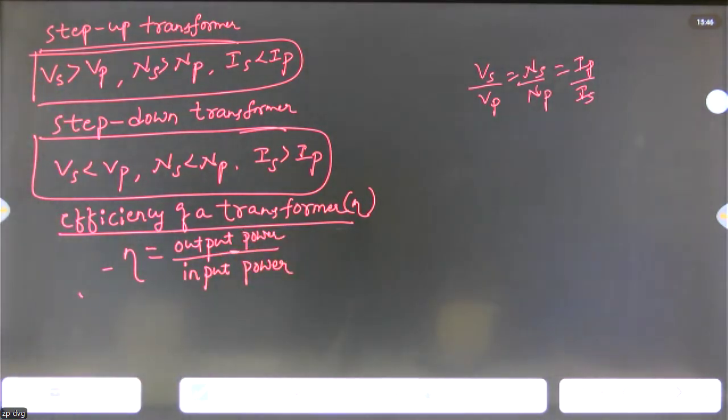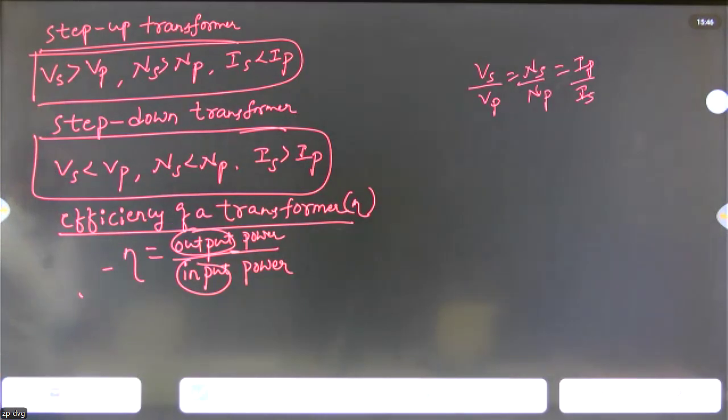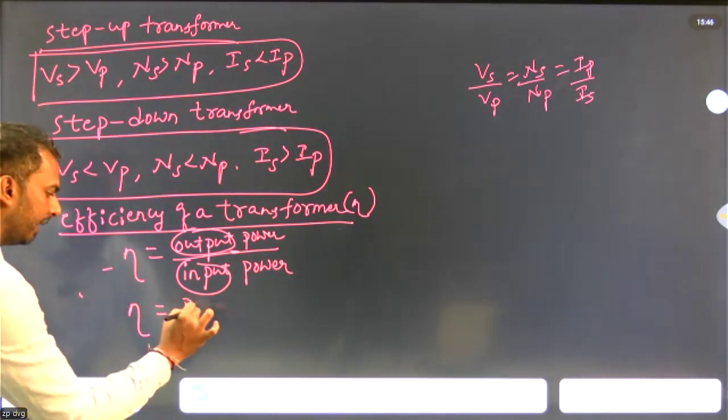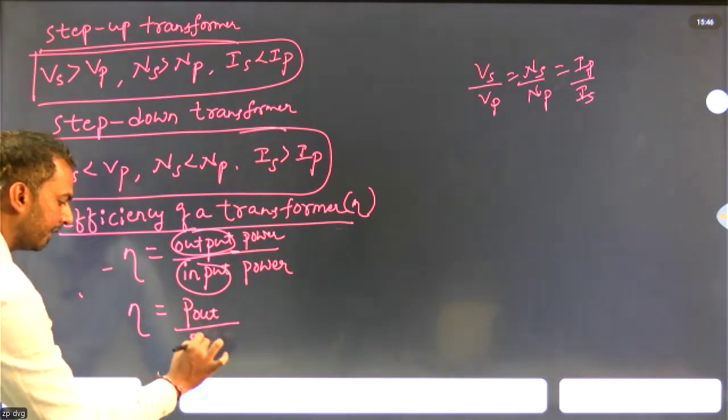Input means primary coil, output means secondary coil. Eta is equal to P out divided by P in.